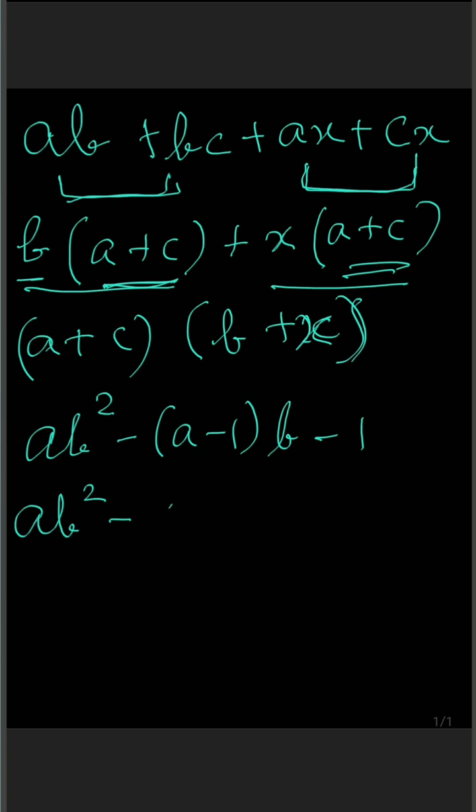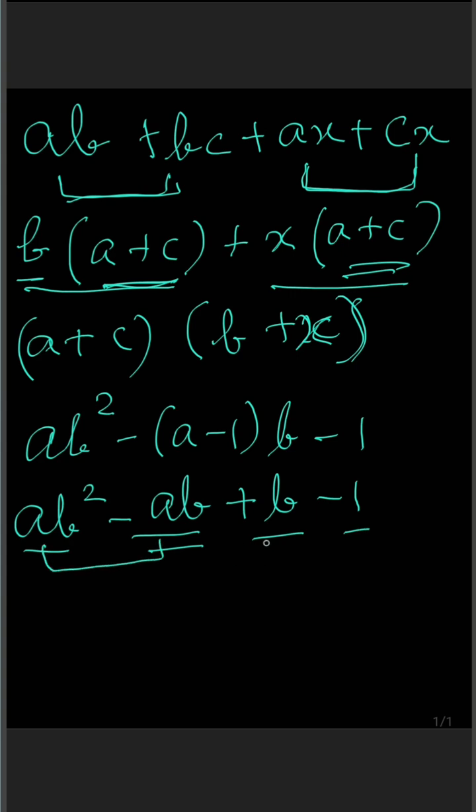Because there is a minus before the bracket, this will change the sign of all the elements inside the bracket. So this A will become negative A, and when we multiply A with B, we get minus AB. This negative 1 will convert to positive 1, and when we multiply this positive 1 with B, we get B here. So again we get 4 terms in this equation.